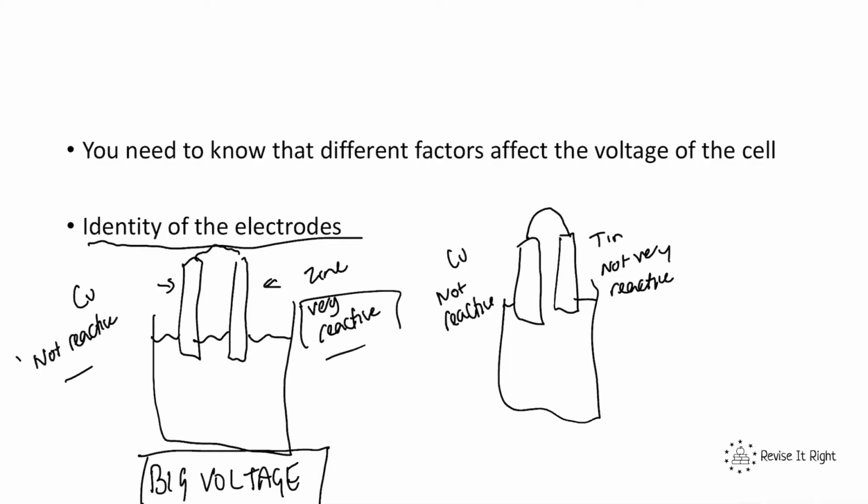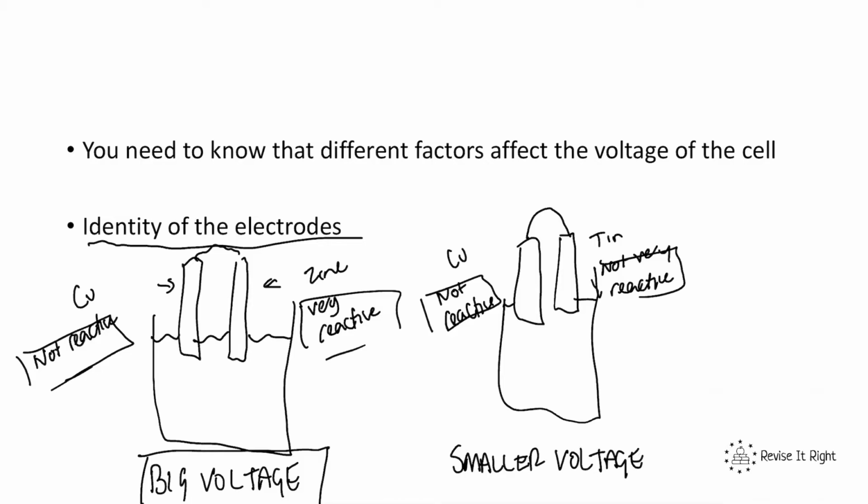These two differ much more than these two. So what that means is the voltage is actually going to be smaller. It's going to have a smaller voltage. So the greater the difference in reactivity, the larger the voltage. And the smaller the difference in reactivity, the smaller the voltage.